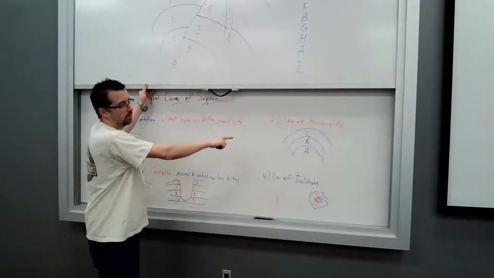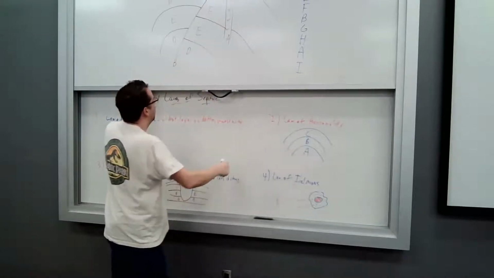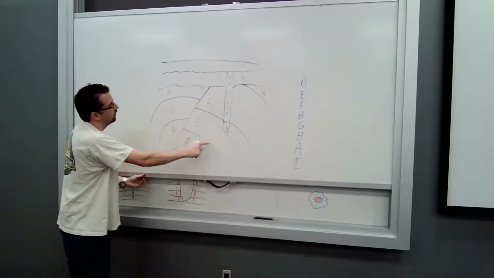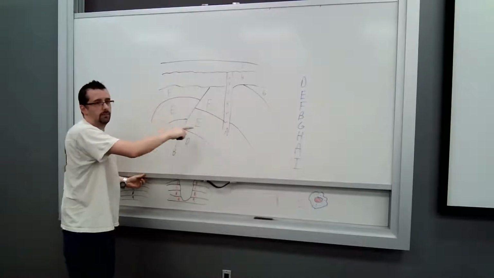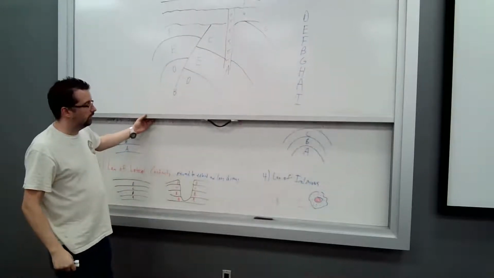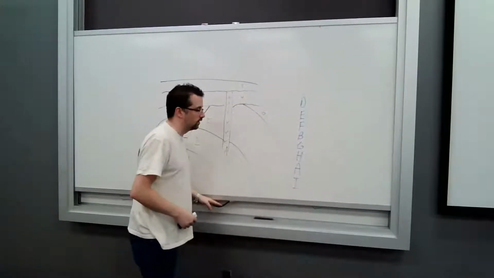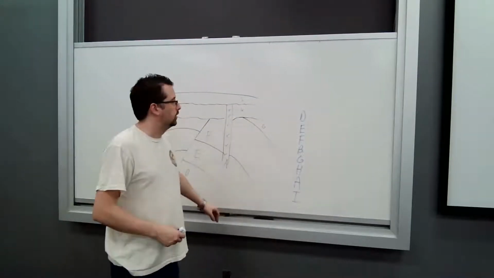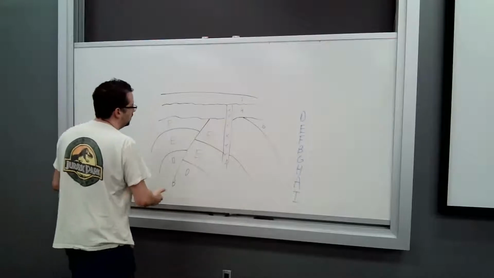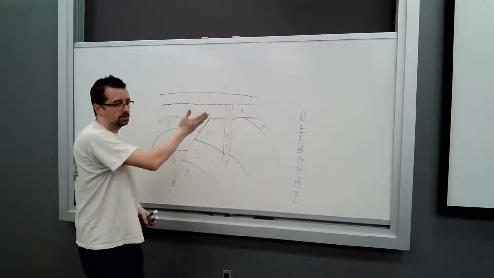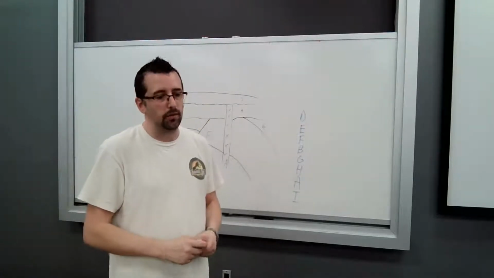We have the law of horizontality, because you see that these are deformed, which would have happened after their creation. We do not have the law of inclusions, and the one I had to erase is the law of cross-cutting relationships, which states that if something is cutting through any layers, that is assumed to be younger than already formed layers.